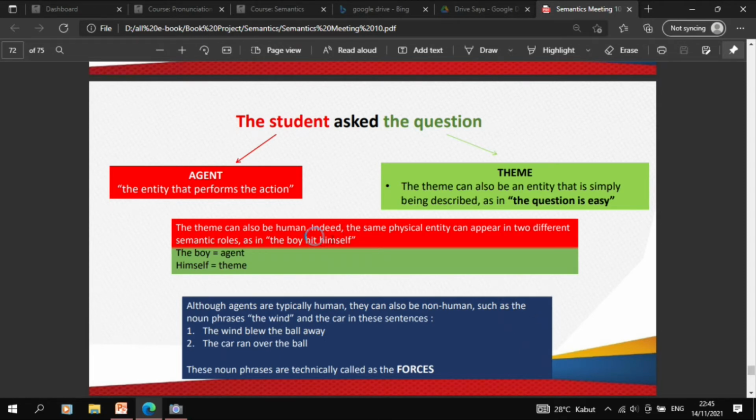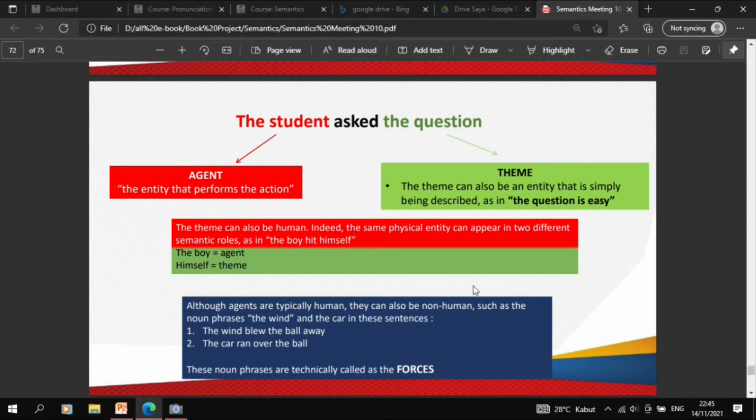But you can see that himself and the boy are actually the same person, right? The same physical entity. So it's okay. The same physical entity can appear in different semantic roles. The agent is the boy, and the theme is also the same person, but we call that with different words: himself.